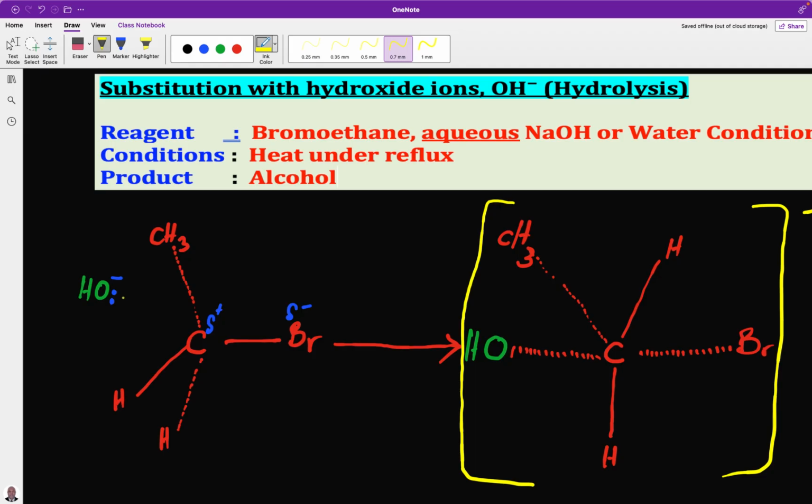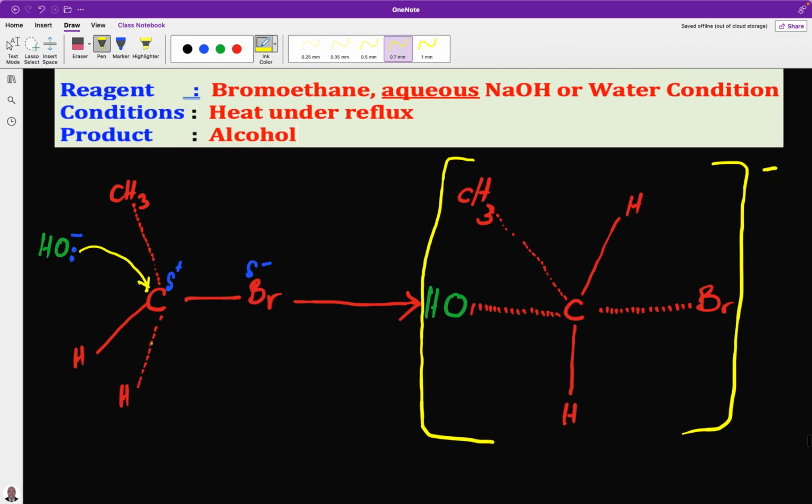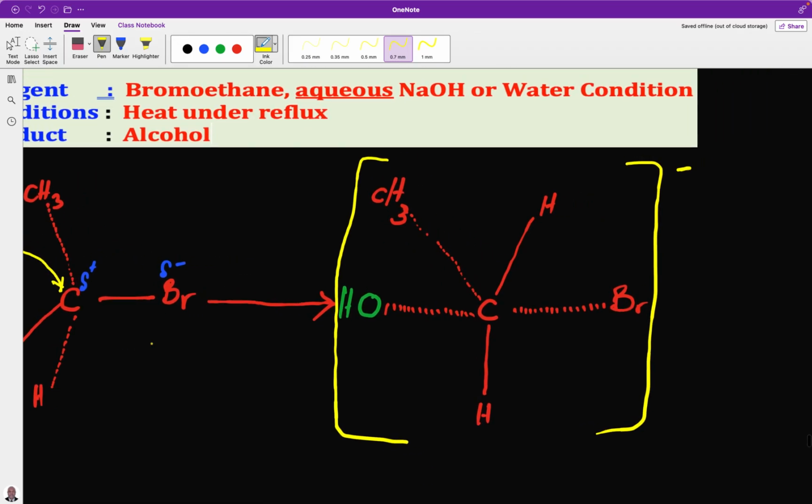Remember I said the nucleophile attacks but from the opposite side of the bromine. For that reason, this is the nucleophile. The nucleophile is attacking from the opposite side. We call this state the transition state.